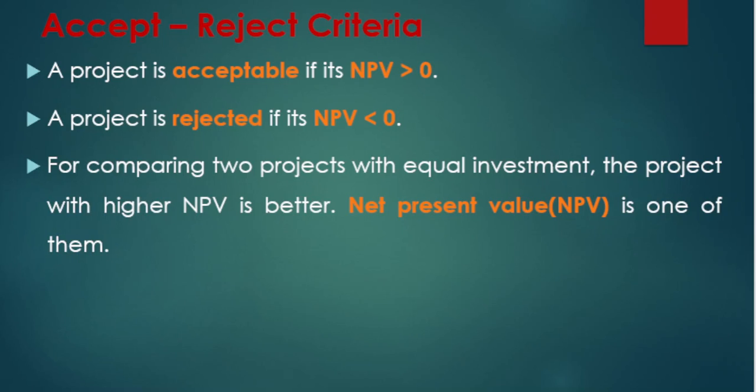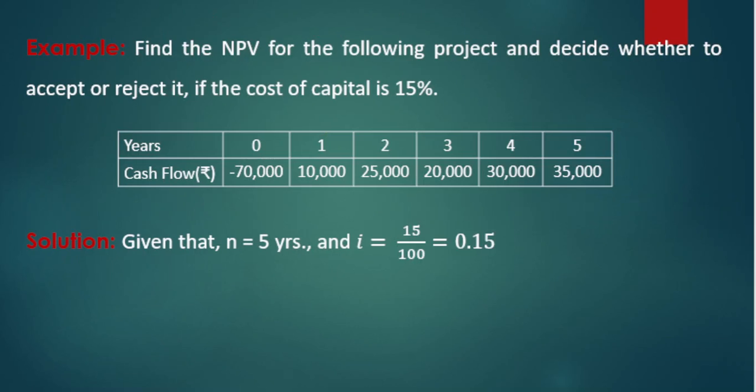Let us take one example now in which we have to find the net present value for the following project, and we have to decide whether to accept or reject it if the capital cost is 15%. Here some values were given. Number of years means we have to invest up to 5 years, and the cash flow is given.